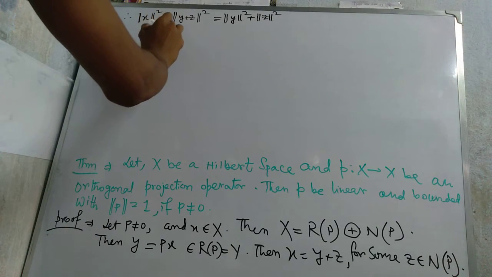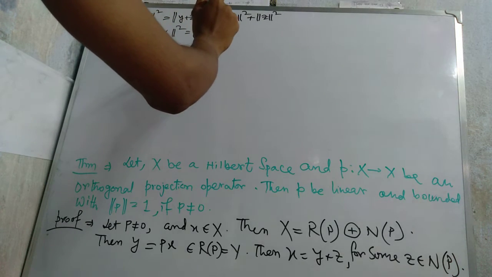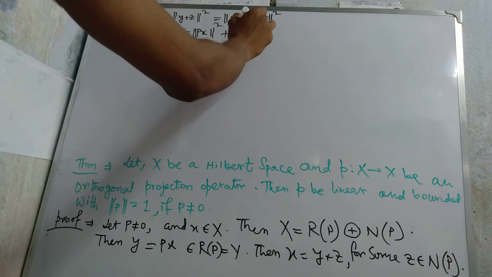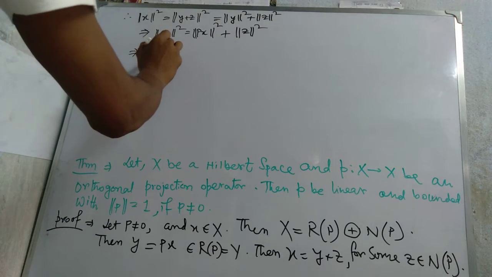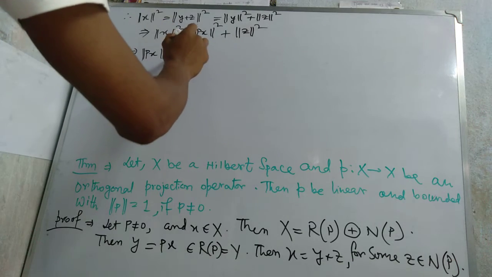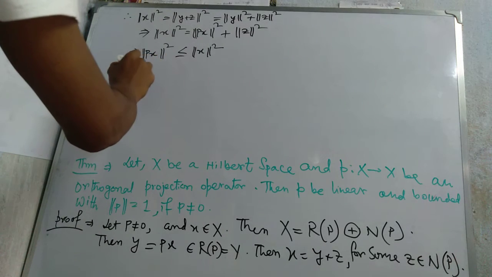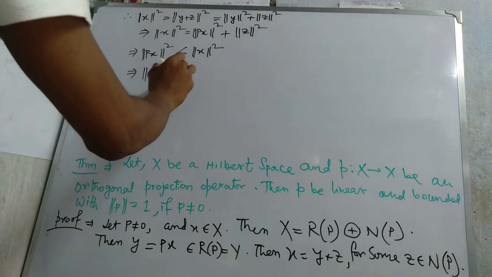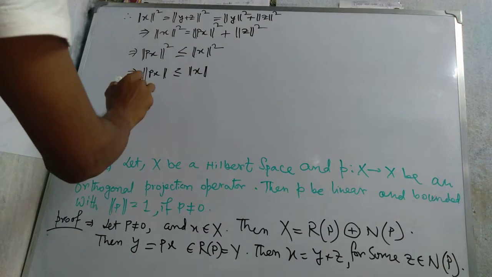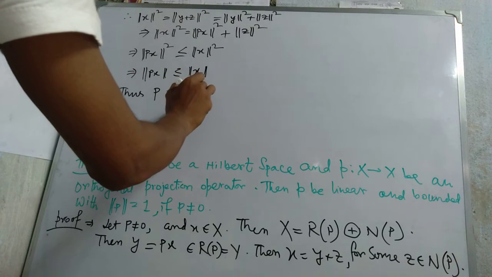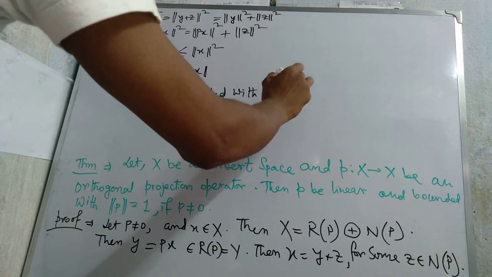This implies norm of x square equal to norm of Px square plus norm of z square. This implies norm of Px square less than or equal to norm of x square. This implies norm of Px less than or equal to norm of x. Thus P is bounded with norm P less than or equal to 1.